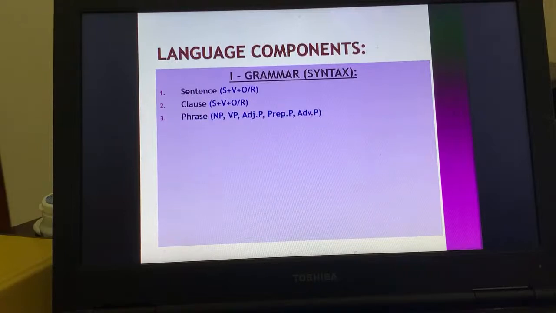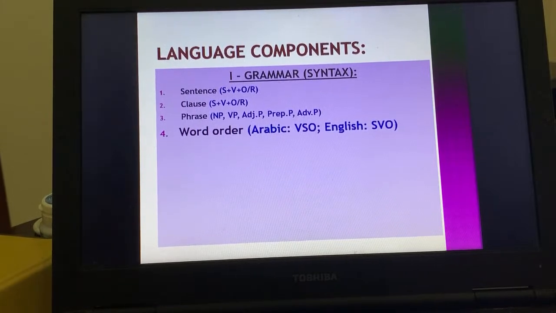We looked at the different phrases: noun phrase, verb phrase, adjective phrase, prepositional phrase, and adverb phrase. And then the word order in the sentence, and we know that it is either verb, subject, object, as in Arabic, and in English you'll have the other one, which is subject, verb, object.